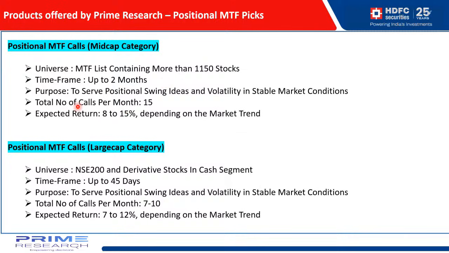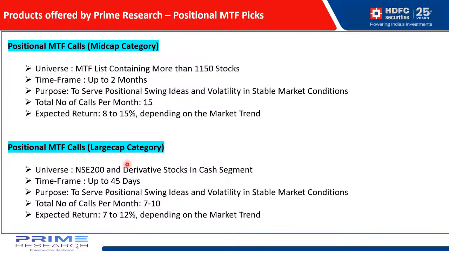And the number of calls per month on the positional side in the mid cap category is around 15. So almost 15 calls in the mid cap category we are giving positionally, and the expected return remains between 8 to 15%. That's again depending on the market trend. So here we are targeting bigger returns as compared to the short term MTFs in the mid cap category.